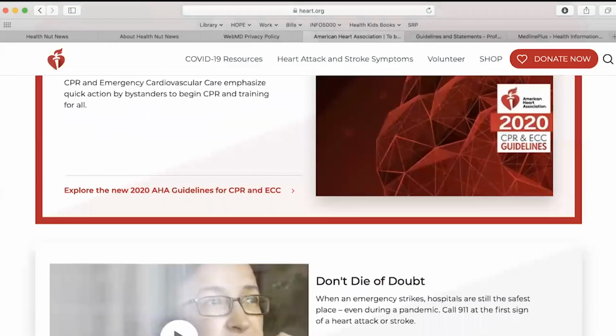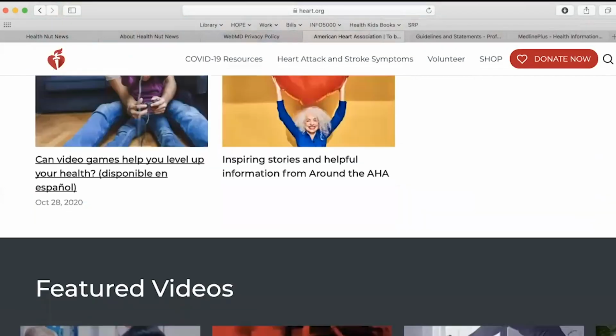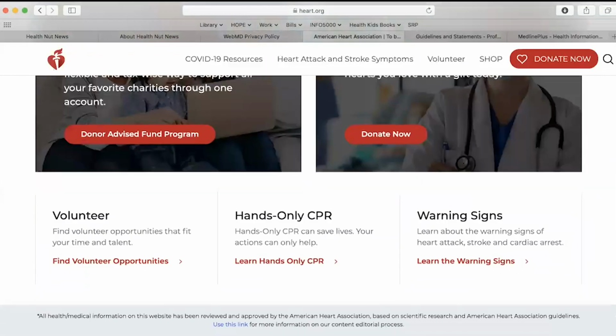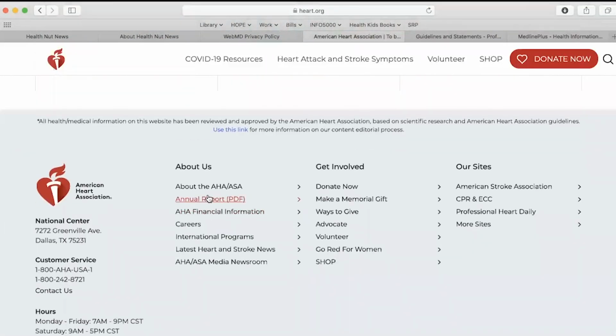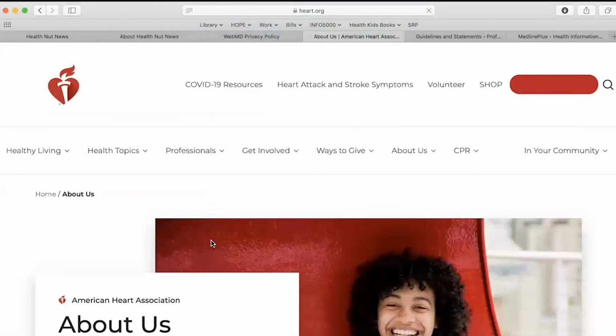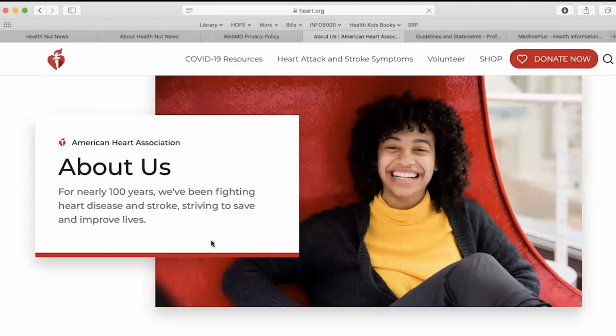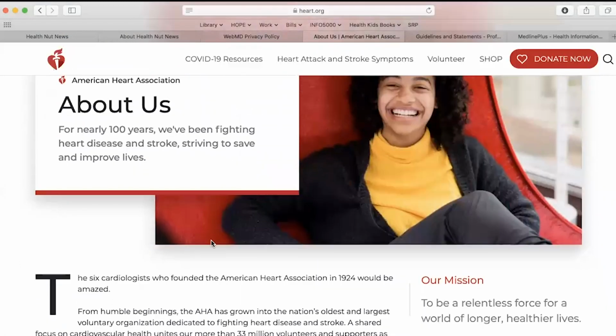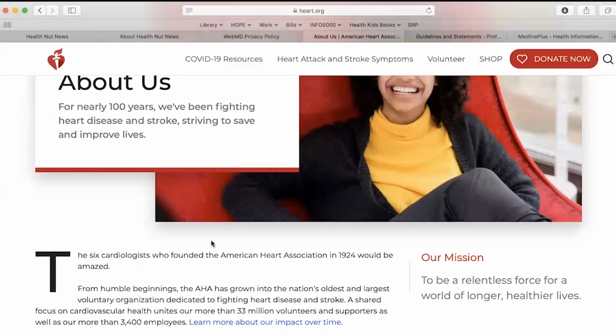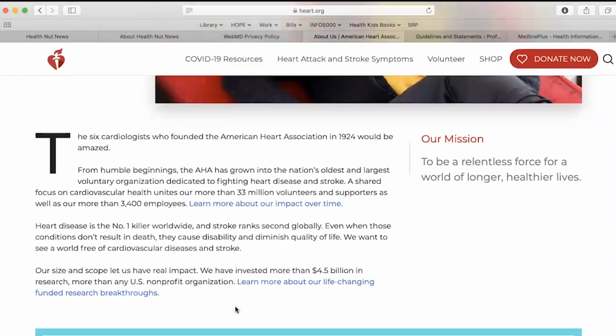I'm again going to go to the bottom and look for their About page. They're an organization that's been around for over 100 years. Their mission is clearly stated: to be a relentless force for a world of longer, healthier lives.